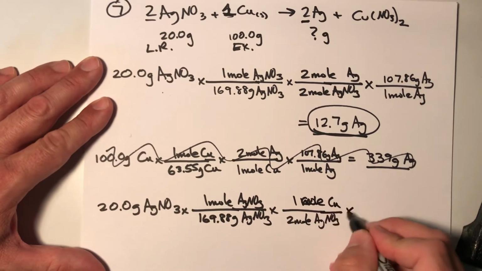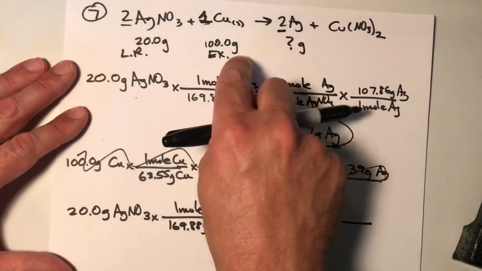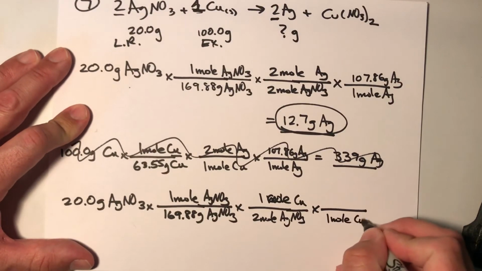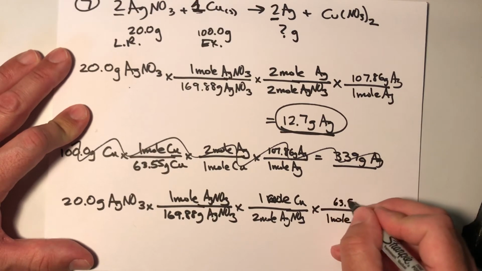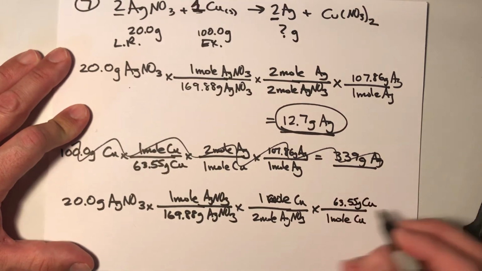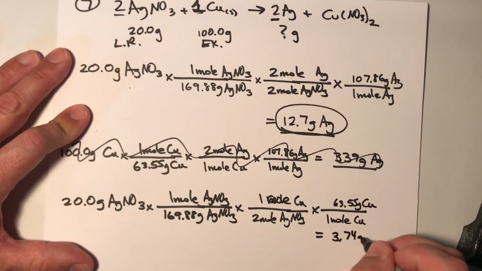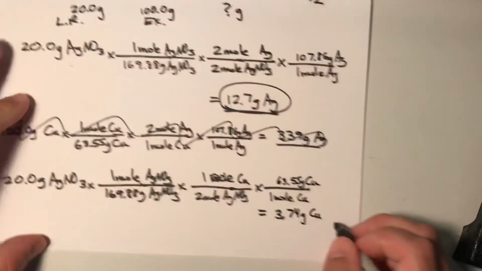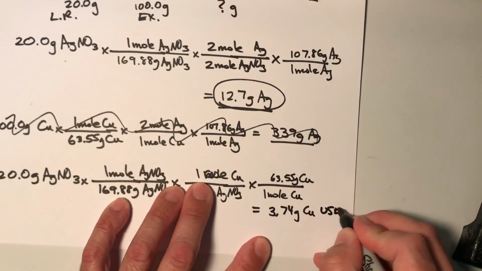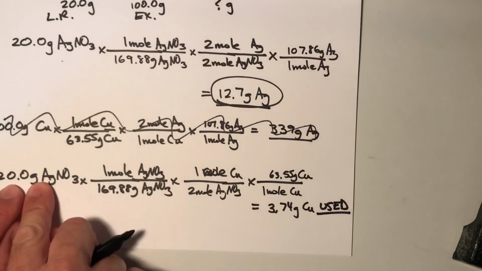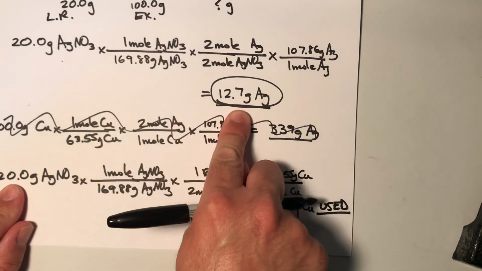And since I want that in mass so I can subtract that from the 100, 1 mole of copper is 63.55 grams of copper. And that comes out to be 3.74 grams of copper. And that's how much copper is used in the process of using up all 20 grams of silver nitrate and making the 12.7 grams of silver.